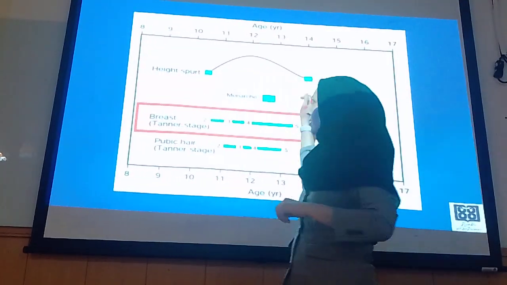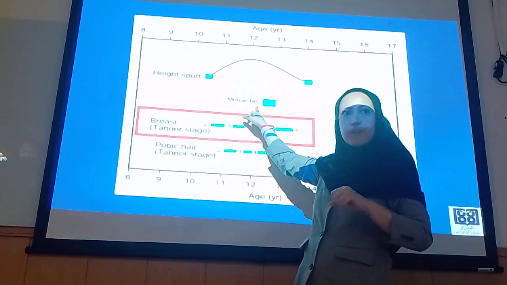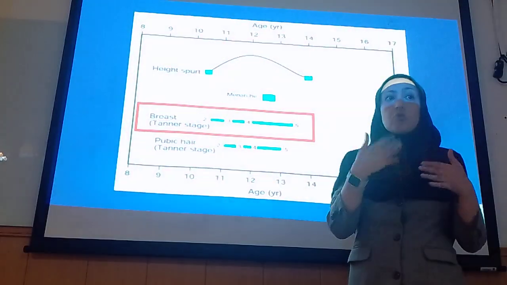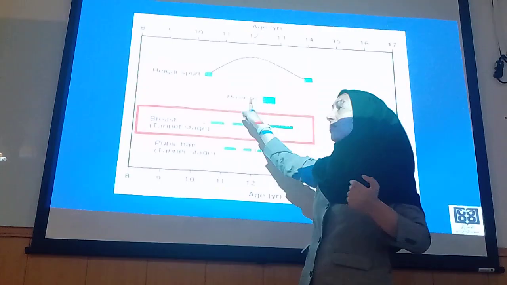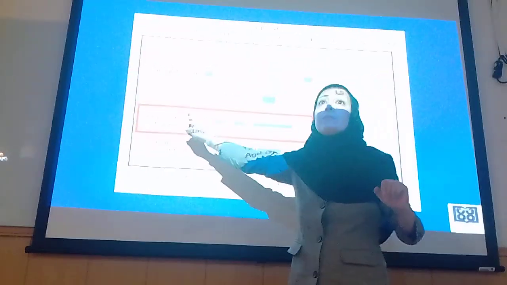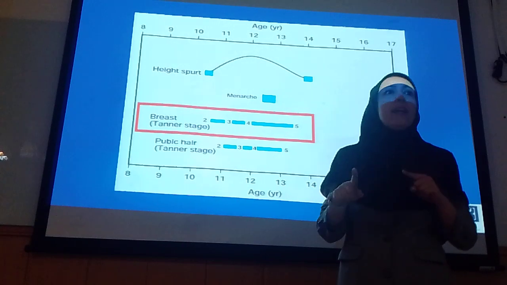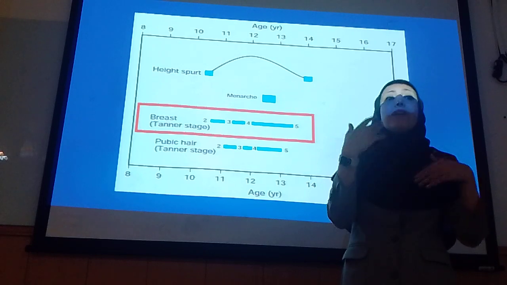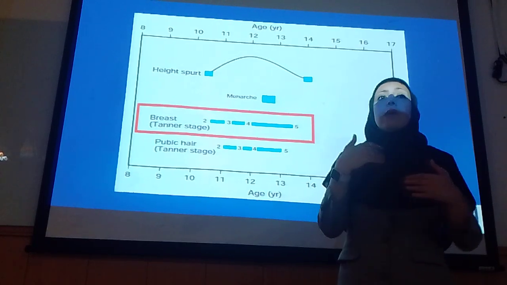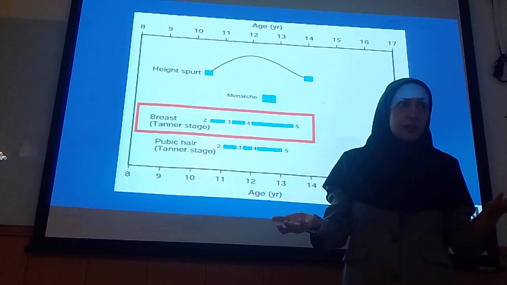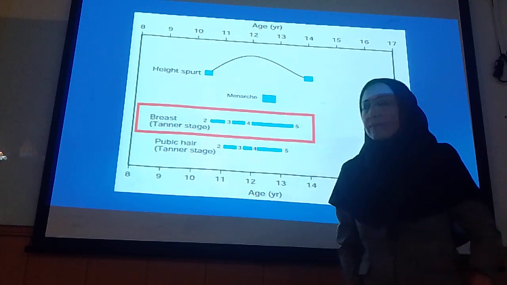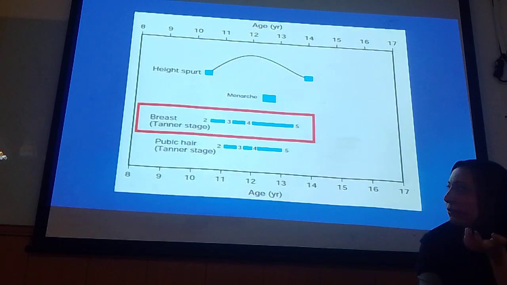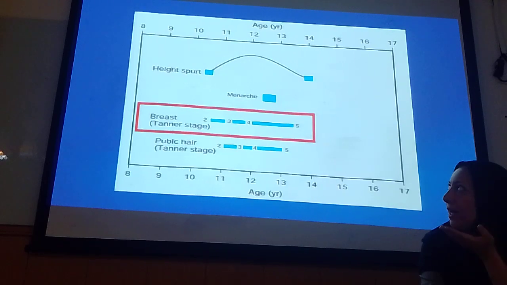And this is the height spurt, and this is the menarche, the first menstruation for girls. It means that in sexual development, we don't have menarche first. We have breast development, and if this order is changed, it is not a good situation. We should evaluate why it changed. And after the breast bud, we have pubic hair and the height spurt too.